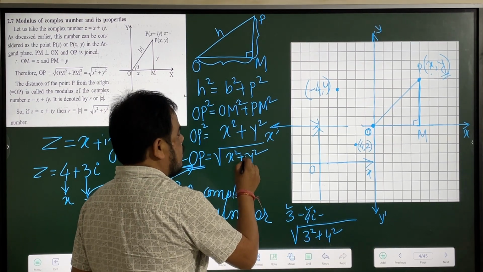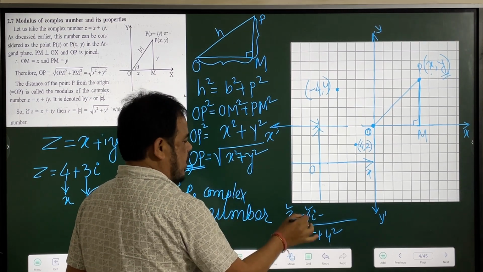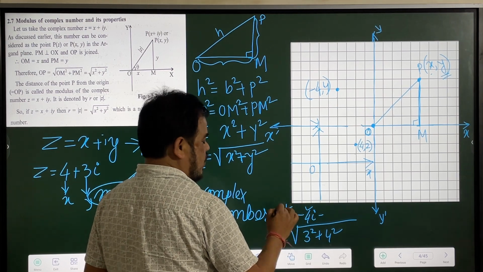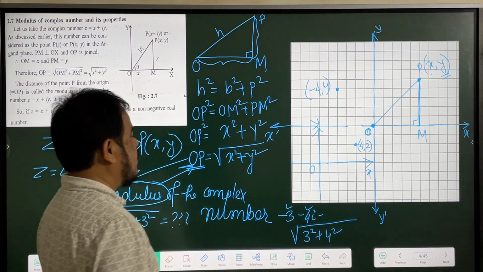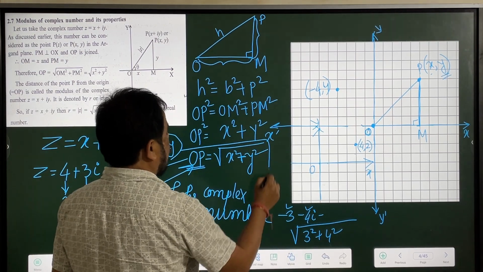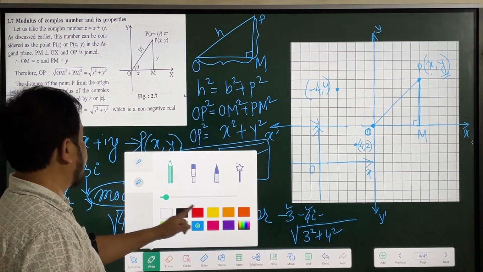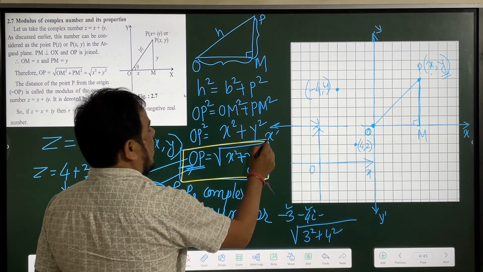In the modulus formula, there is always a plus. Whether it is minus, or this one minus and this one plus, any mix, you will always write plus. This is the formula for modulus.